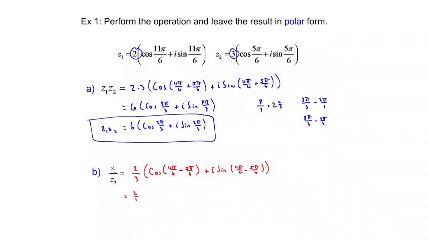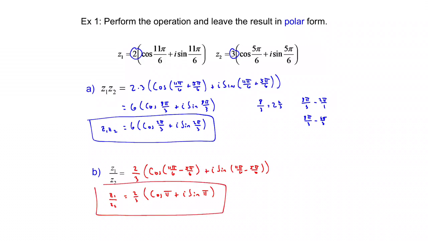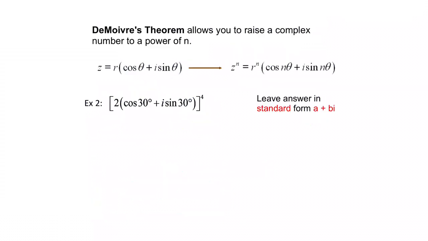So that'll leave us with 2/3, and then 11 pi minus 5 pi would be 6 pi over 6, or pi. So this will be cosine of pi plus i sine of pi. Now is pi between 0 and 2 pi? Yep, so we are done with that one. Let's go ahead and write that z sub 1 divided by z sub 2. And there you go. So that's how you multiply and divide complex numbers in polar form.